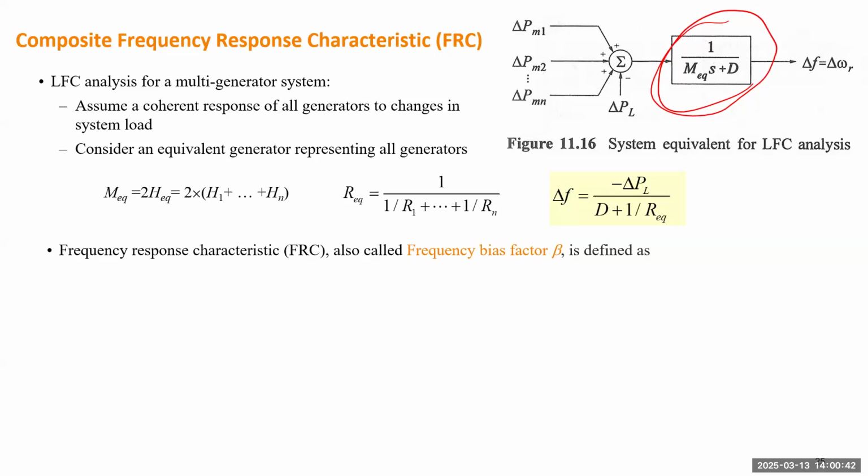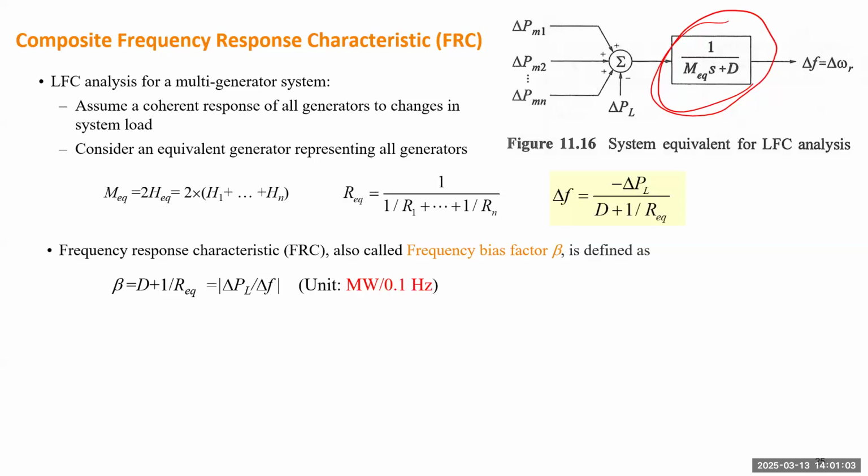So this frequency response characteristic is also called the frequency bias factor. Usually beta is used. So beta is simply defined to be the total D plus 1 over equivalent R. The unit is usually megawatt per 0.1 hertz.